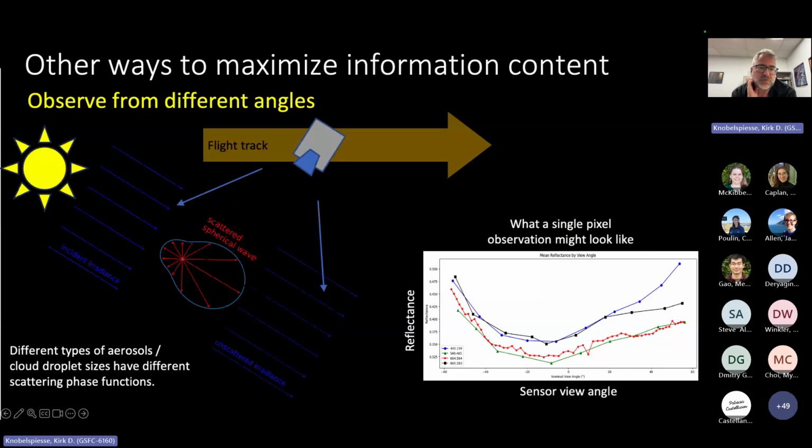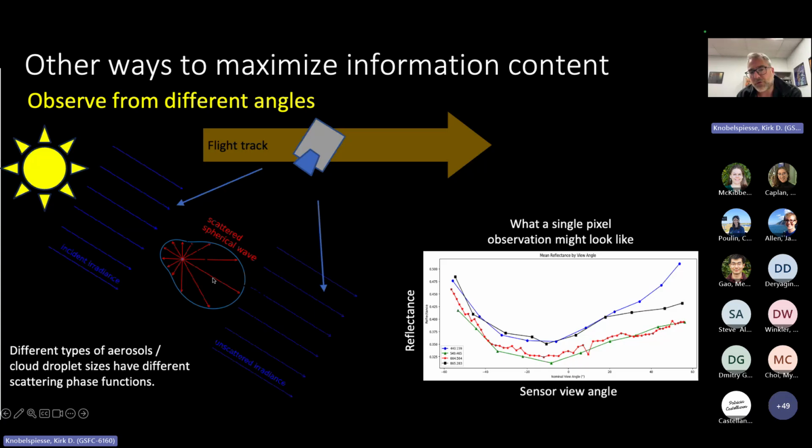This also applies to cloud droplets. And so what's being shown at the left here is something called a scattering phase function. And really, that's sort of the probability that light, when it interacts with a particle, of which direction it will go. So the way this is drawn here, light is more likely to scatter in the forward direction than the backscattered direction.